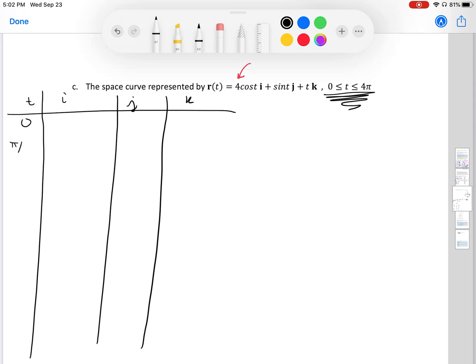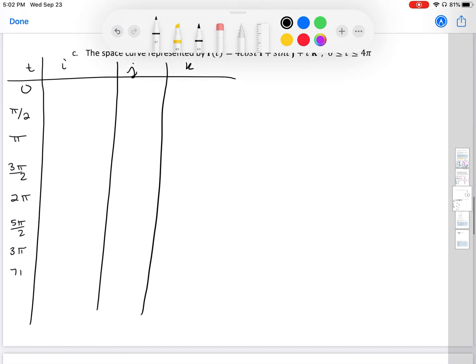We don't have to stop at 2 pi. So we have 0, pi over 2, pi, 3 pi over 2, 2 pi, 5 pi over 2, 3 pi, 7 pi over 2, and 4 pi.